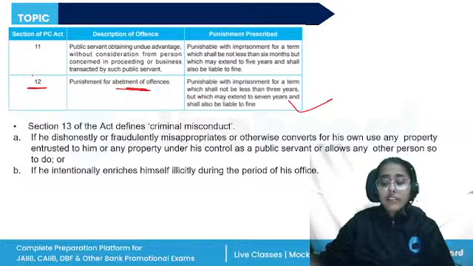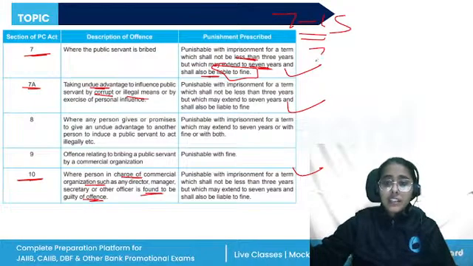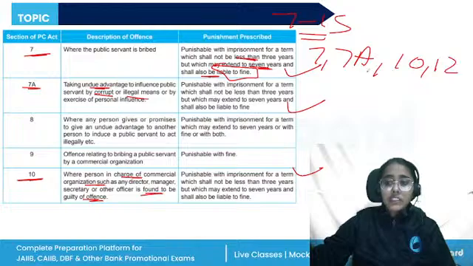So section 12 as well. So 7, 7A, 10, and 12 have the same punishment.